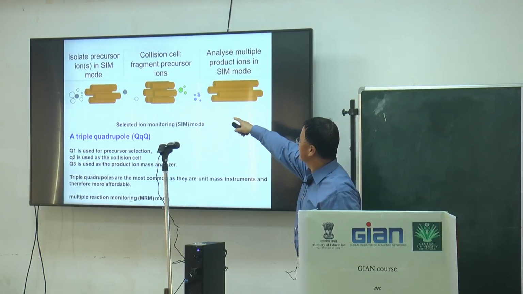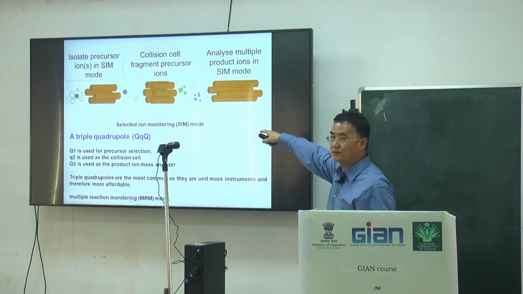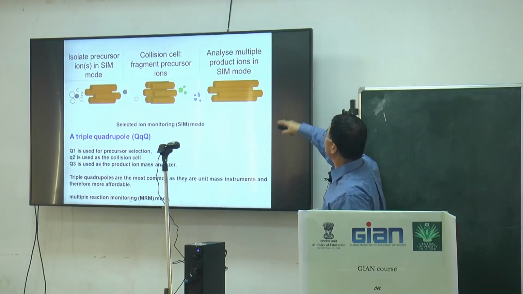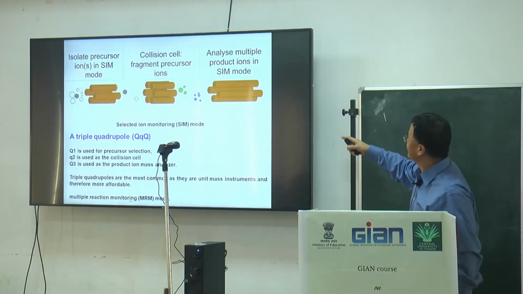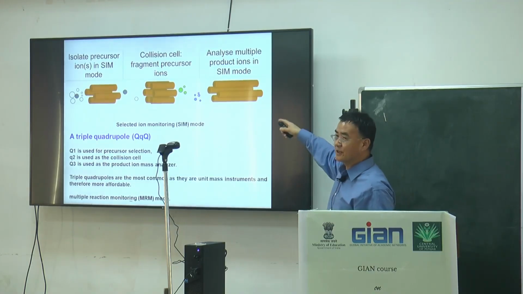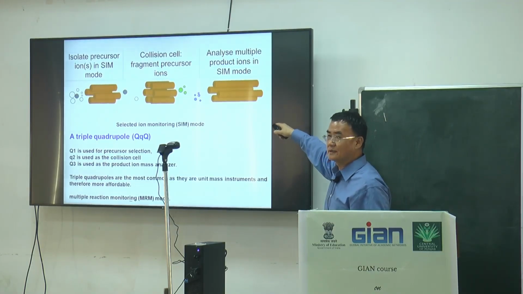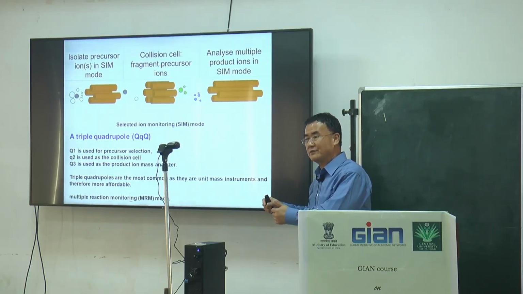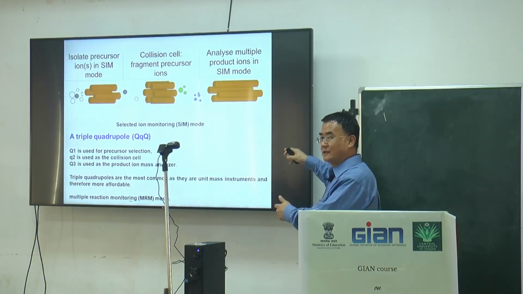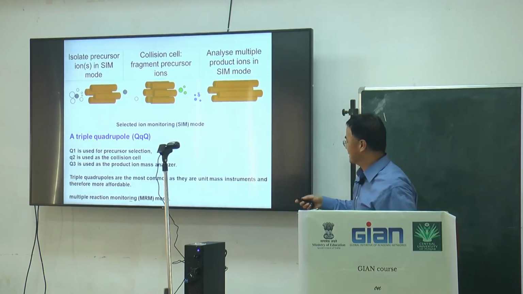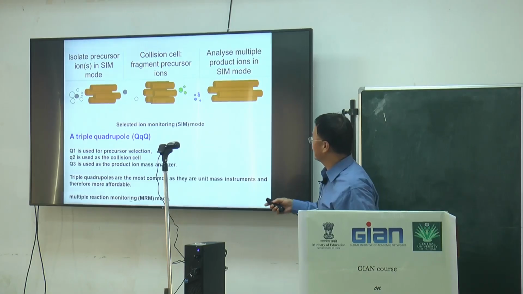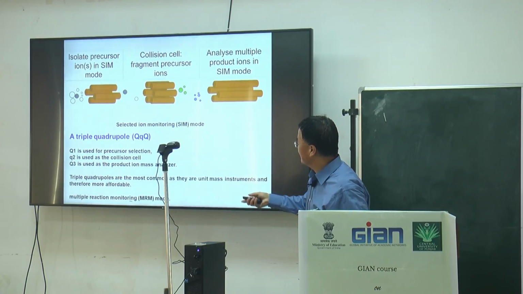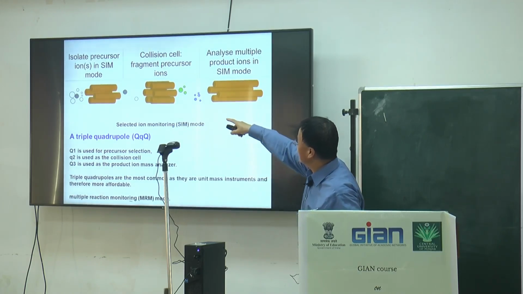That generates the new green and blue fragments. So the fragments continue through the analyzer, multiple product ions, and they continue to pass through the third MS. They probably further fragment. If not, that means they're stable. Then in the detector, they will collect those signals. This is a triple quad. The Q1 is used for precursor ion selection.